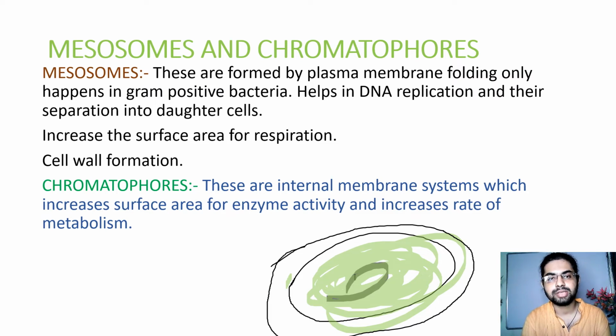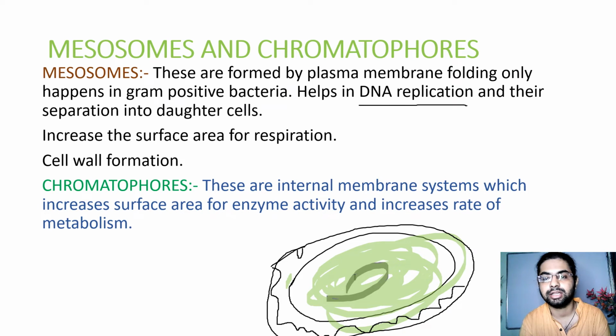Mesosomes are actually formed by plasma membrane folding. If plasma membrane folding happens, this is called mesosomes, and this happens in gram-positive bacteria. This helps in DNA replication. DNA replication is a new terminology; I will discuss this in another playlist known as biotechnology. So these are foldings of the plasma membrane.